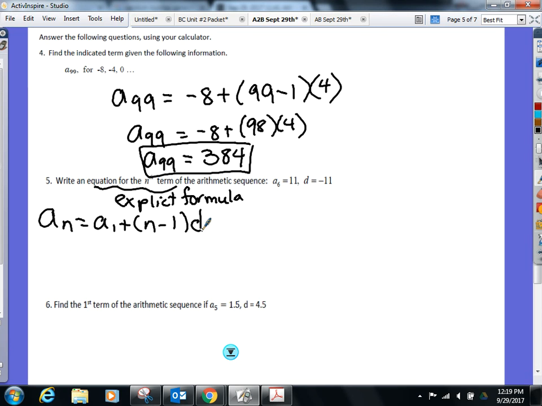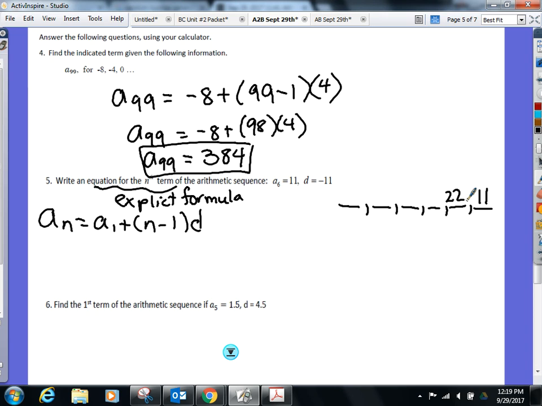Can we do that? Well, let's see. I always like to look at this visually. Ready? Term 1, term 2, 3, 4, 5, 6. So the sixth term is 11. What did I do to the previous term to get to 11? I subtracted 11, right? So what do you think I have to do to go backwards? Add 11. So what was the term before 11 then? 22, right?